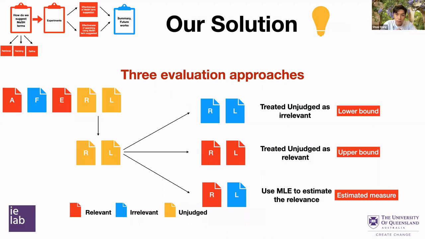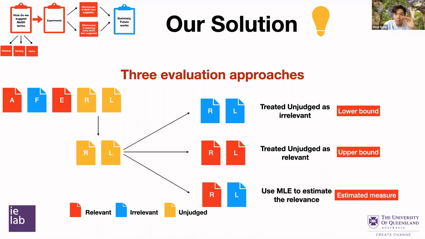In our experiment, our solution is that we use 3 evaluation approaches to treat unjudged documents differently. First, we can of course treat the unjudged documents as irrelevant, which is actually a lower bound of the measurement. Or alternatively, we can treat unjudged documents as relevant, which is an upper bound measure. And another method we can use is MLE to estimate the relevance of documents.